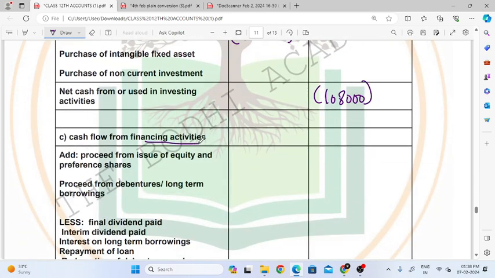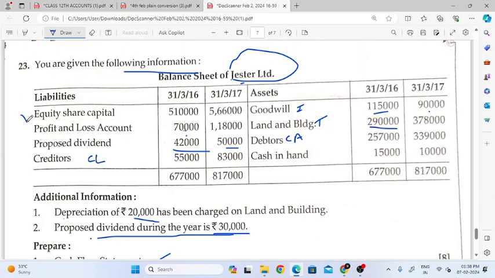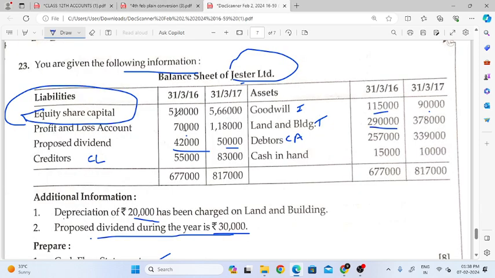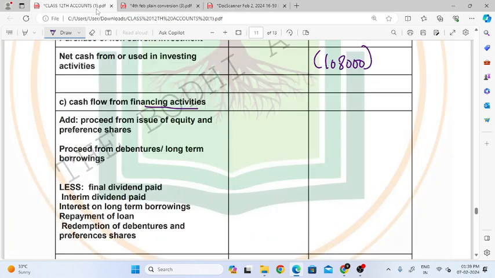Then we have to check cash flow from financing activity. Equity share is there, which goes in financing activity. It is increasing, so we have to find out by how much. The earlier amount is 5,10,000 and now it is 5,66,000. It means proceeds from issue of equity and preference shares; we should only take the equity shares over here, which is 56,000.